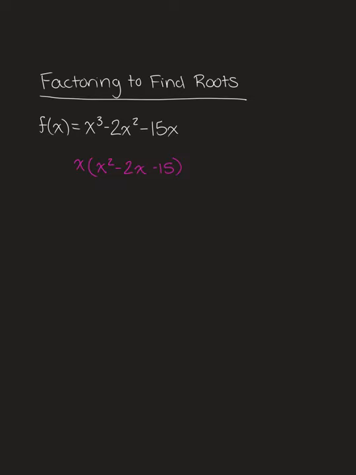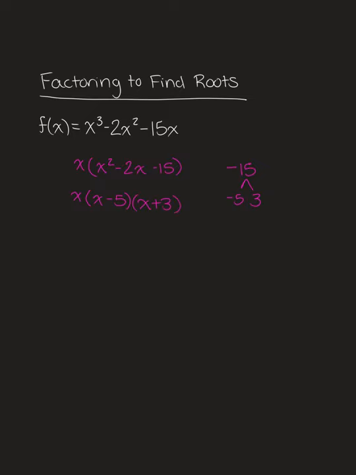So now I can factor this part of my polynomial. Two numbers that will multiply to -15 but add to -2 are going to be -5 and 3. So my factored form is going to be x times x minus 5 times x plus 3.